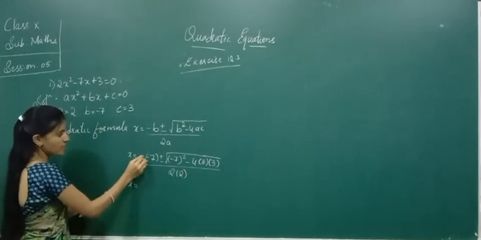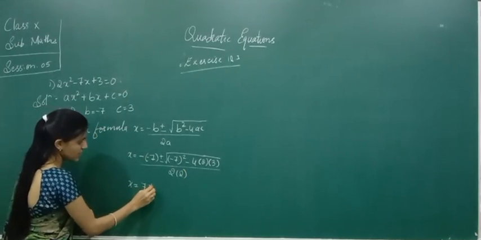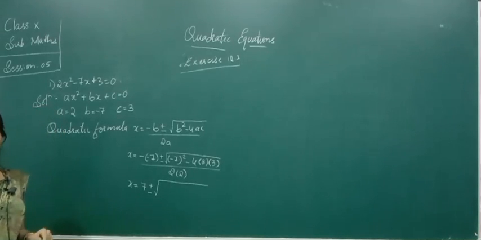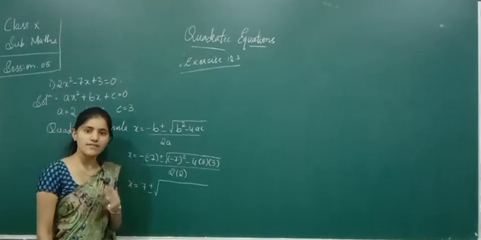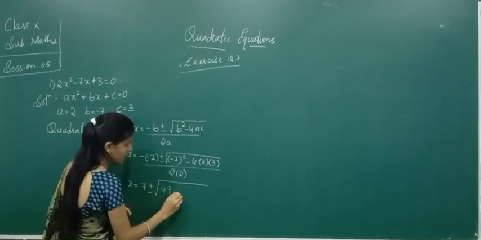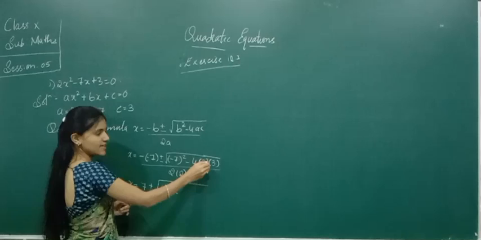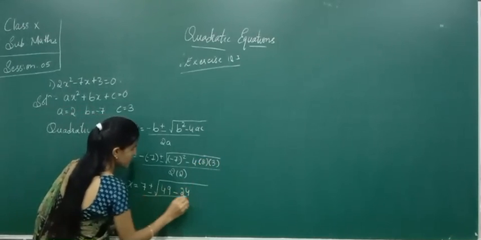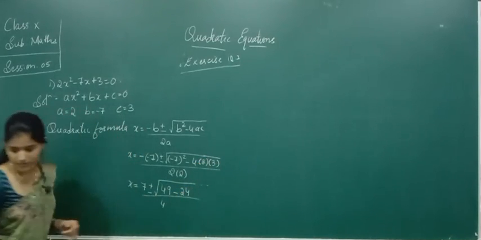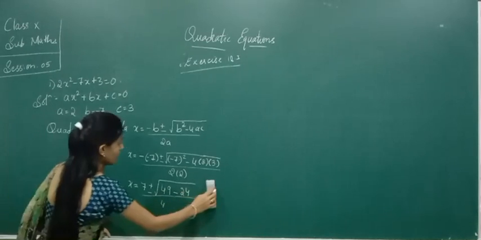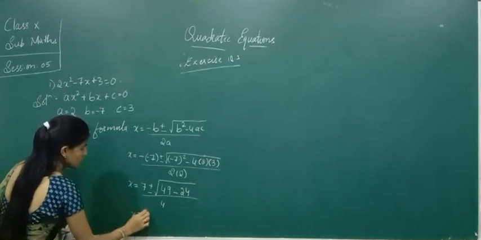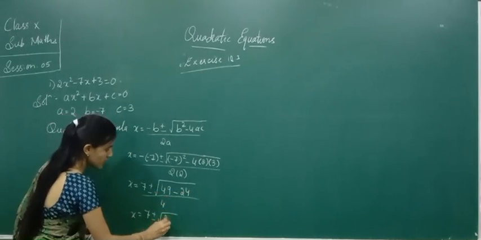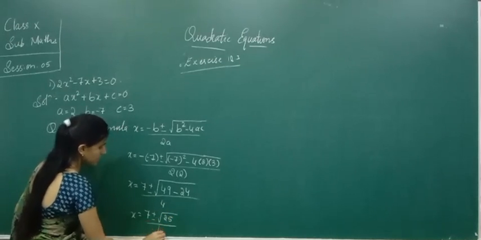Start simplifying. Minus into minus is plus, that is plus 7 plus or minus root of 7 square. Minus into minus is of course plus 7 square, in the sense 7 sevens are 49 minus 4 twos are 8, 8 threes are 24 divided by 4. Then I am left with what? X is equals to 7 plus or minus root of 49 minus 24 is going to be 25 divided by 4.